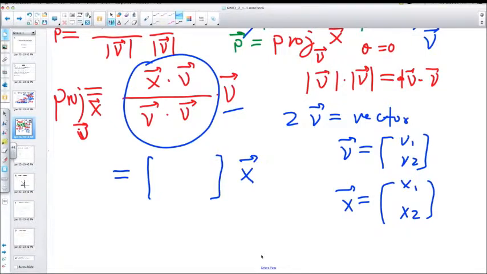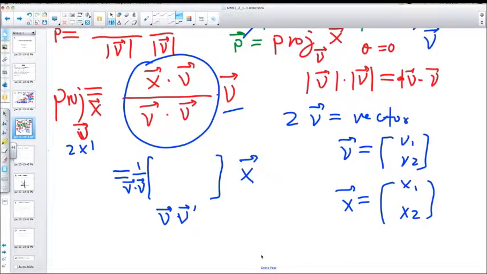Oh yes, I can do that. That's 2 by 1, and then I can have this v dot v here as a scalar, and in the middle I can have v times v prime.